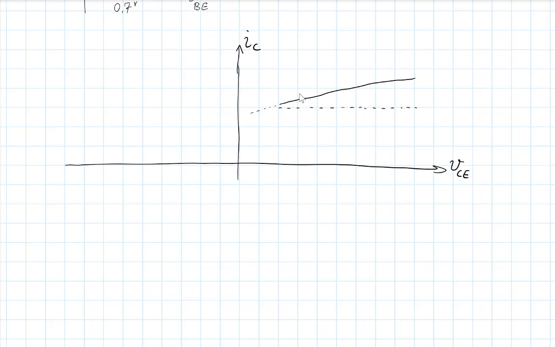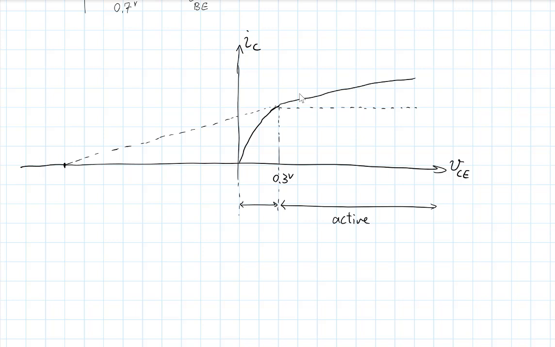But you can extrapolate this, and you will see that it will hit this axis somewhere. But below this 0.3 volts or so, you enter saturation. Okay? So let me write this down. Here is the active mode. And here is saturation. Now, this is for a given VBE.